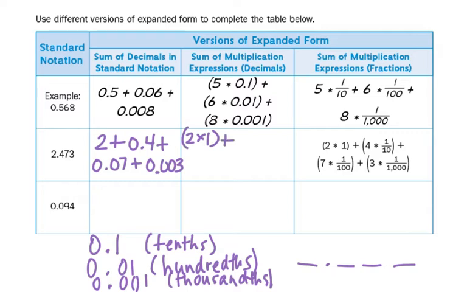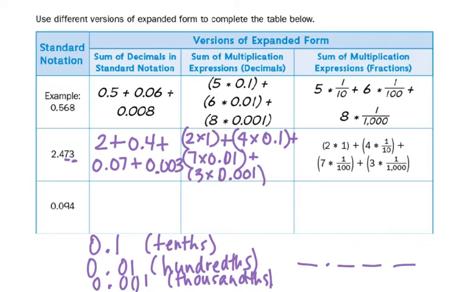So we're going to take 2 times the whole number 1 plus, we're going to move on to the 4. Now we're going to take 4 times, and it's in the tenths place, so look down below, plus the 7 is in the hundredths, so I'm going to take 7 times the hundredths place, and then the 3 times the thousandths place.